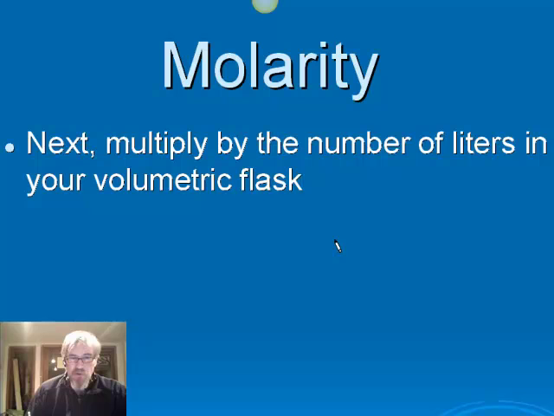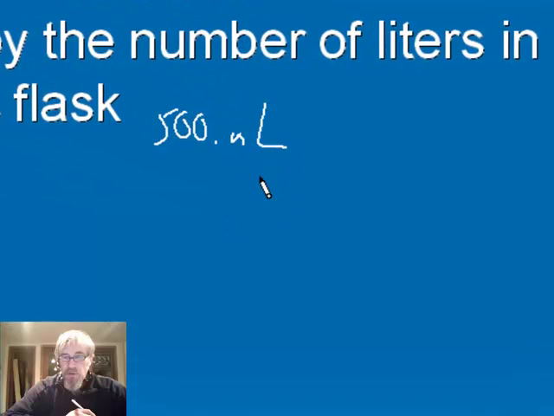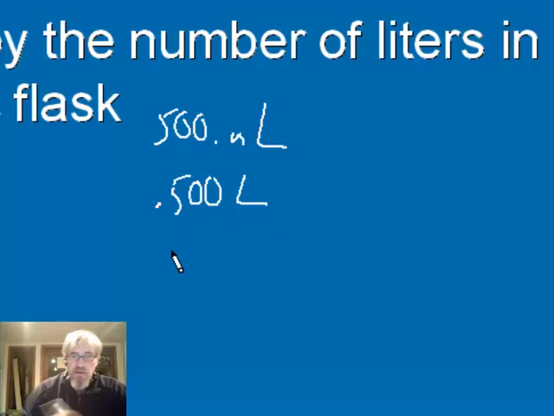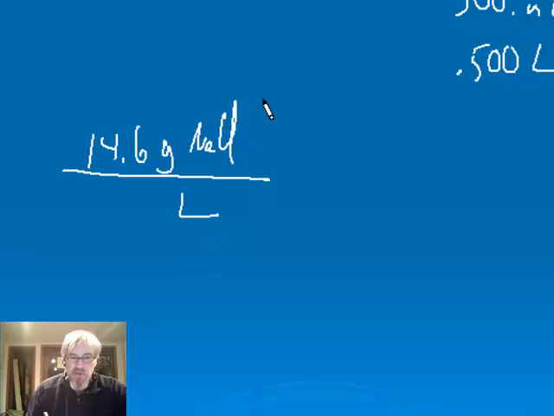The next thing you do is multiply the answer that you just got by the number of liters in your volumetric flask, by the number of liters you're trying to make. So remember, we're trying to make 500 milliliters here. Well, in liters, that's 0.500 liters. You divide by 1,000. So I'm going to take what I got, 14.6 grams of NaCl per liter, and I'm going to multiply that by 0.500 liters.